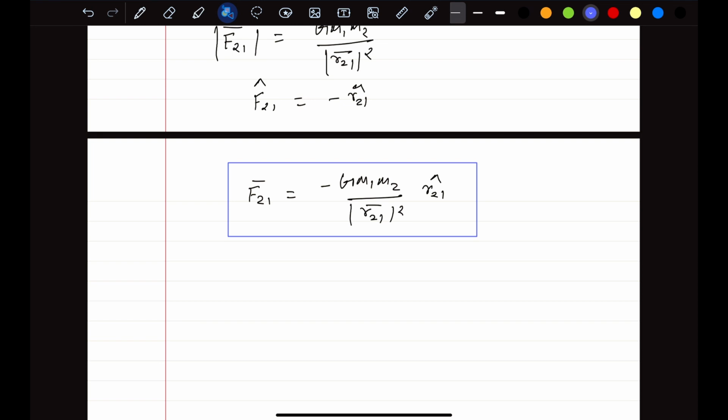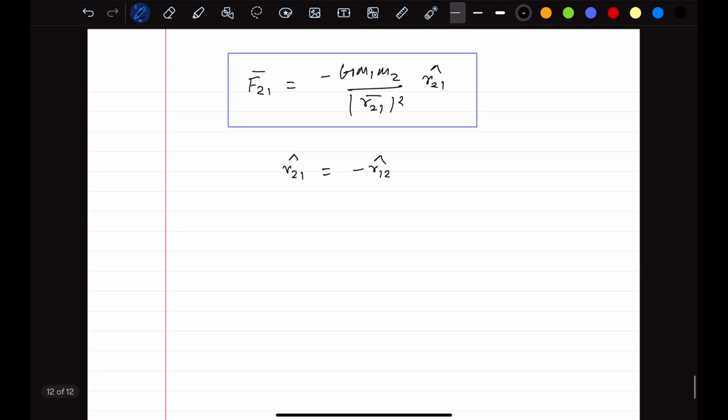Interestingly, you can note down one thing from here, that r21 vector and r12 vector are just opposite vectors. So I can say r21 cap is equal to negative of r12 cap.